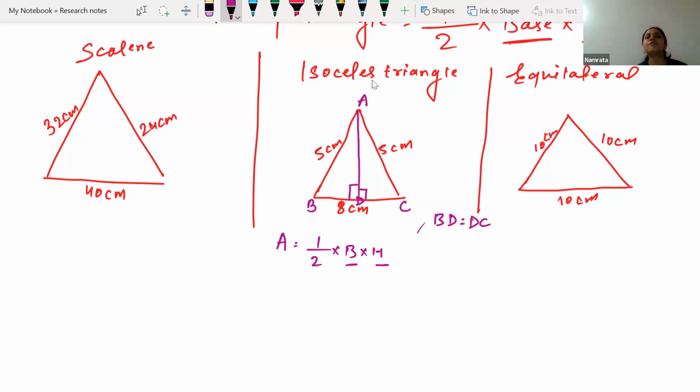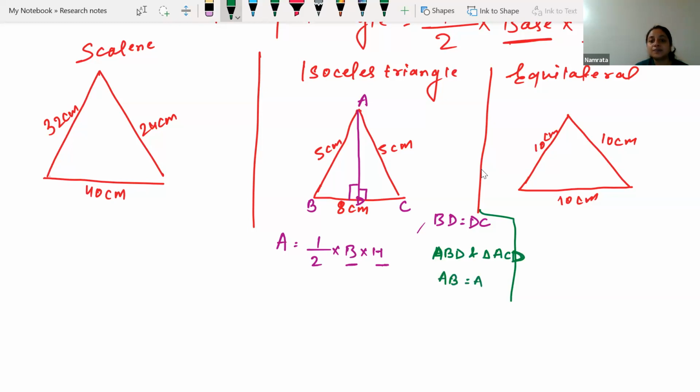This is the theorem. From where exactly did the theorem come, out of nowhere? This theorem came from the concept of congruency. So if you know the concept of congruency, then we can say here we are taking triangle ABD and triangle ACD. What exactly is the same?